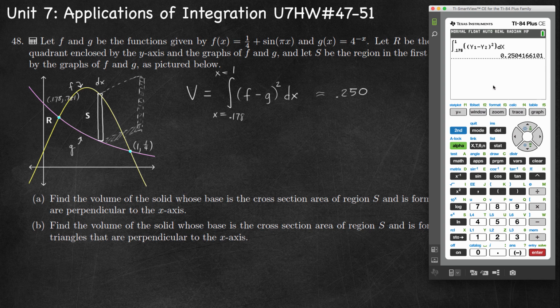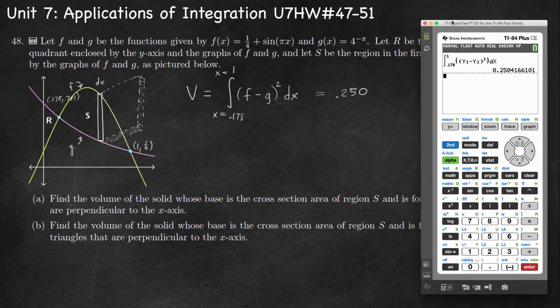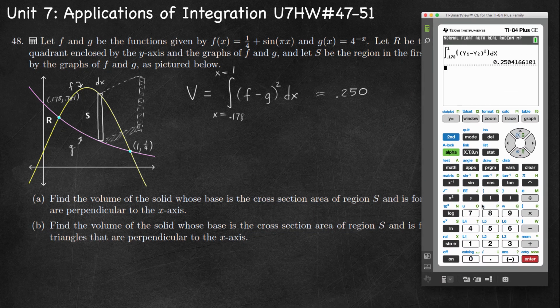So really I can just take this answer and multiply it by the proper coefficient for, was it equilateral? Yes, equilateral triangle, which is square root of 3 over 4. So I'm going to multiply this answer by the square root of 3 over 4, and I get 0.108. So the answer to part B, 0.108.